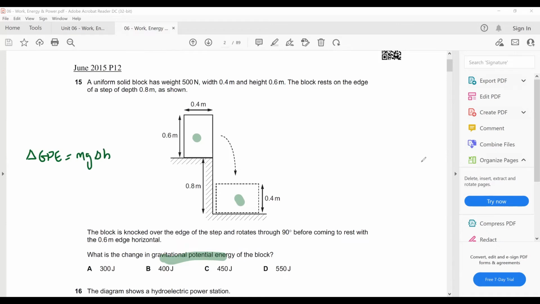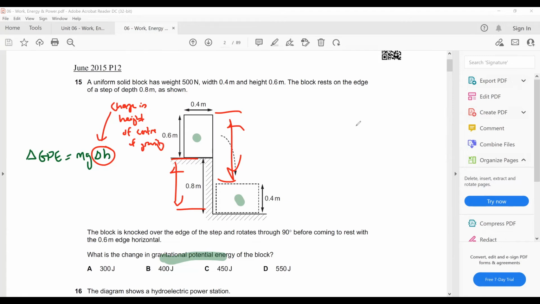But remember last week what I mentioned was that this is the change in height of center of gravity. Because I made an illustration saying that if you measure the bottom distance or the top distance, that is not necessarily going to be correct. Instead, you have to measure the center of gravity to center of gravity distance for your changes in height.